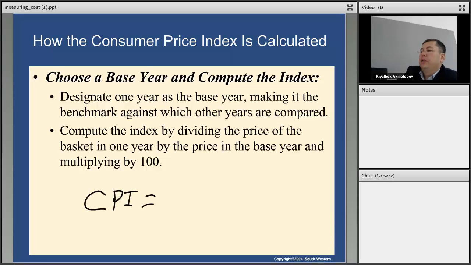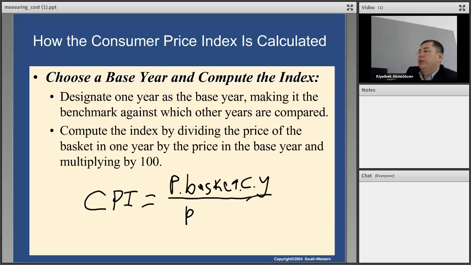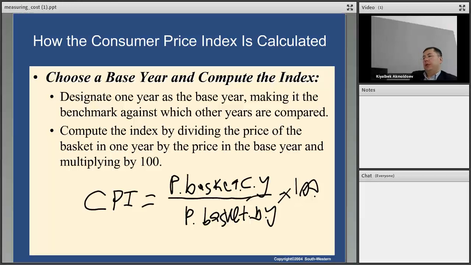CPI equals, as mentioned here, the formula is like this: the price of the basket in the current year divided by the price of the basket in the base year, multiplied by 100. So this is our consumer price index, or in short CPI.